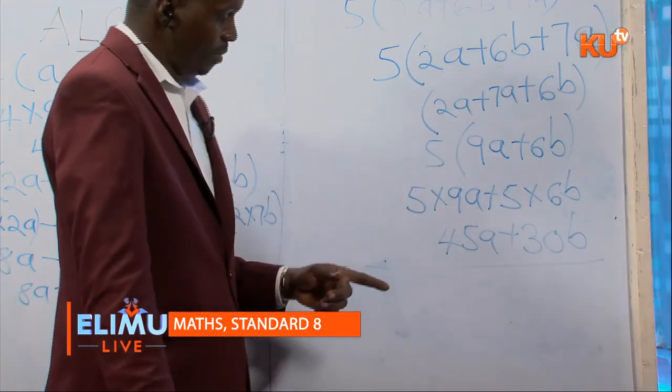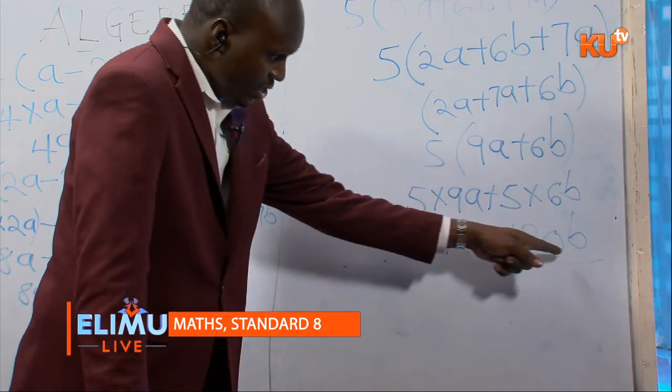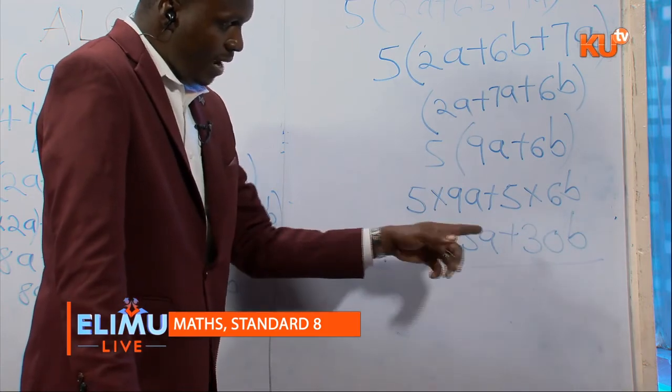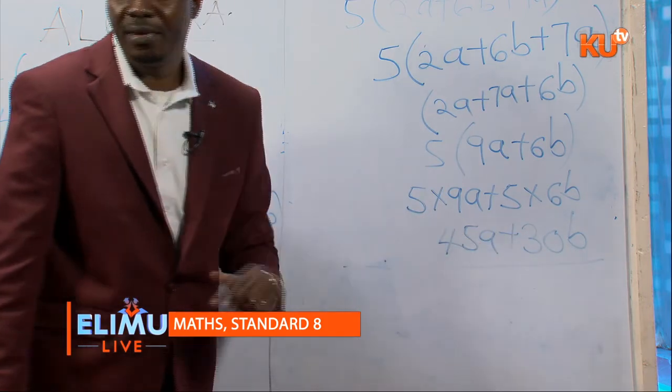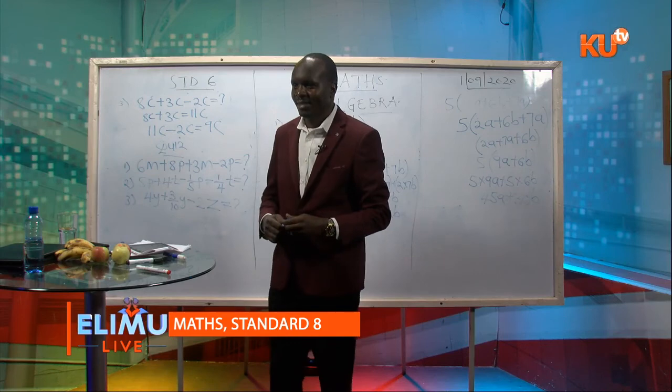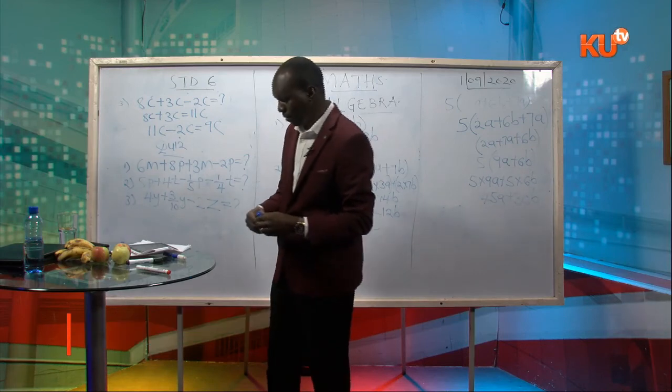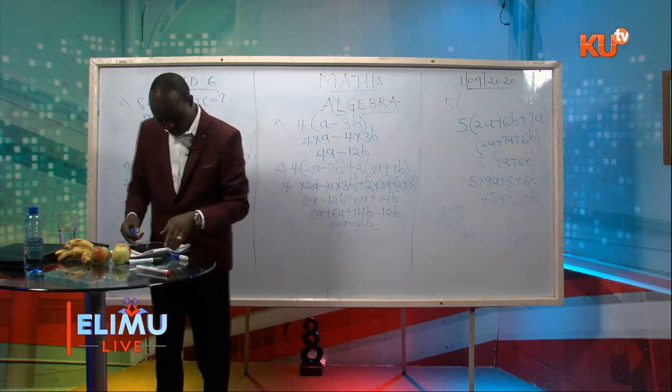So our answer becomes 45a plus 30b, because we can't add them together since they are different terms. Thank you for your question.